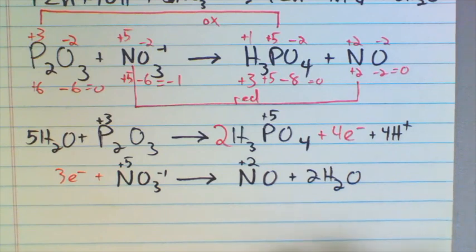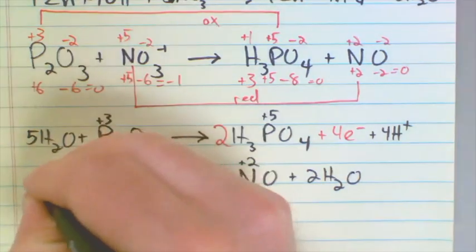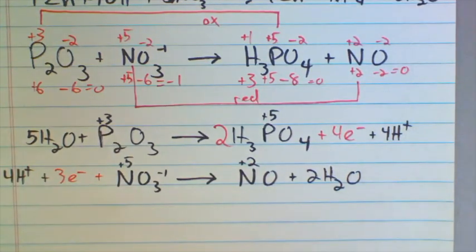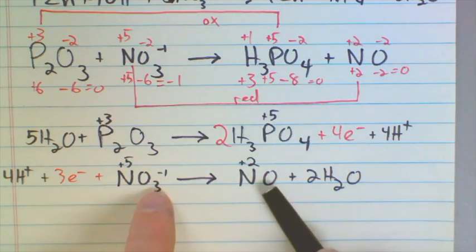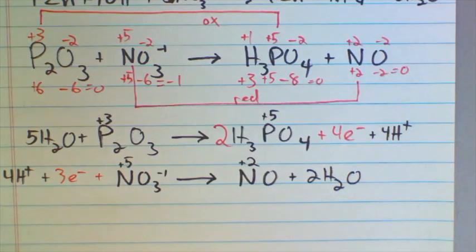Now the bottom here, what do we got to do? 4 to the left. Let's double check that's all working out.